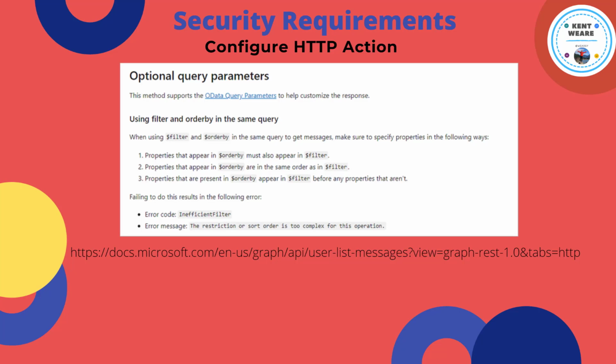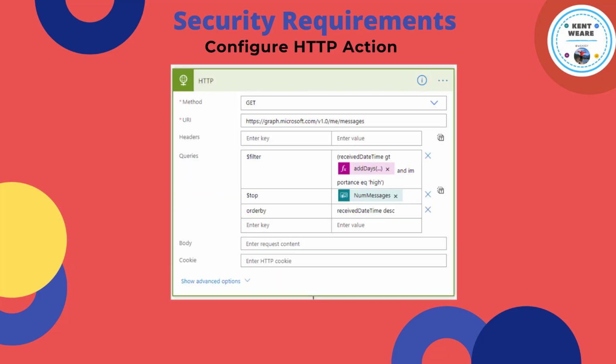So let's just rewind here. We've got our 2 properties, received date time and importance, as part of our query filter. That's fine. But that means we need to ensure that our order by properties appear in our filter, and we can see that received date time does. That's good.